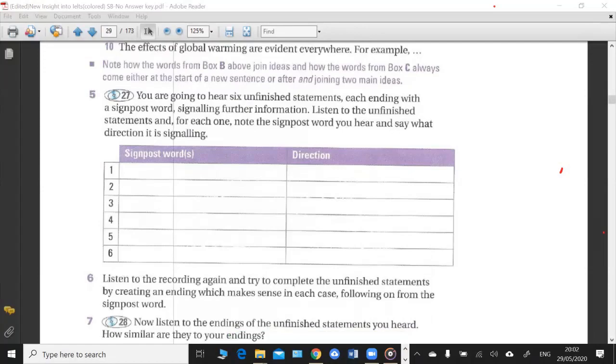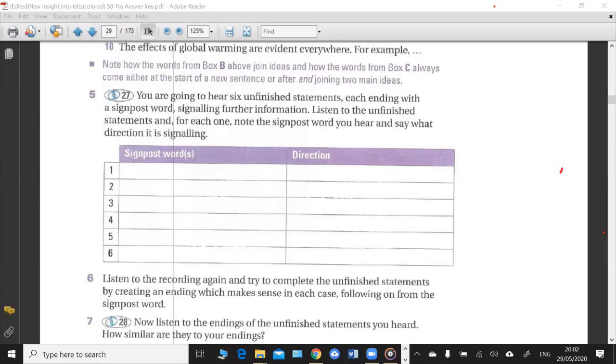Okay, I'll play the listening now. And now you know what signpost words are. Signpost words are like firstly, secondly, on the other hand, but, consequently, first of all, then, for example, for instance. Something like these are signpost words.